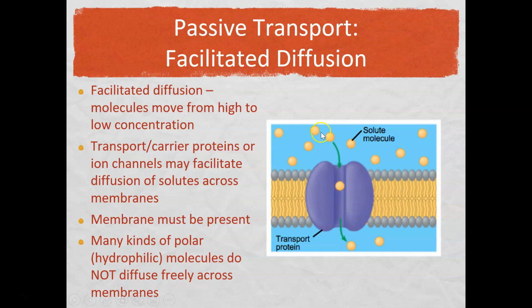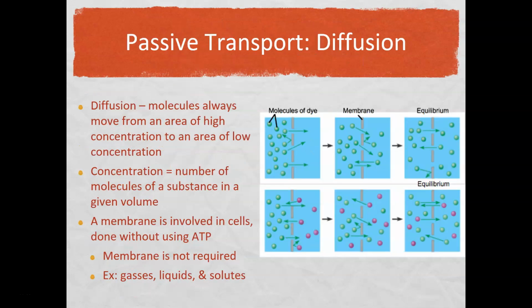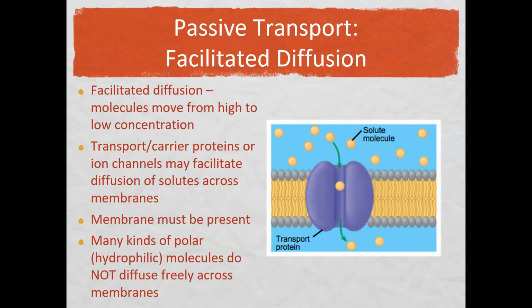So rather than going straight through the membrane like anything oxygen, carbon dioxide, anything nonpolar could do through simple diffusion, which is what we just talked about, now I have to have a protein in order to move that material, which means facilitated diffusion is a very specific biological process where something like this diffusion can happen with perfume or dye, okay, because I don't need a membrane.